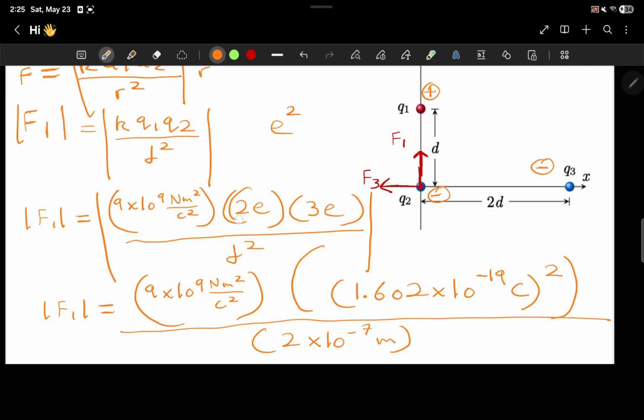Sorry, I made a mistake. When I multiply the 3 and the 2 together, it becomes 6, not 5. And I also forgot the squared sign, so I just put the 2 here.